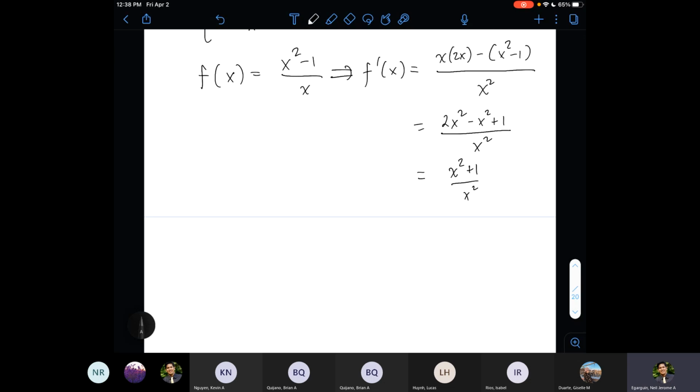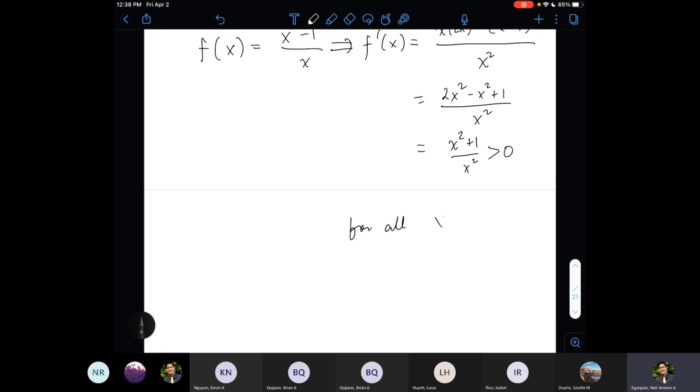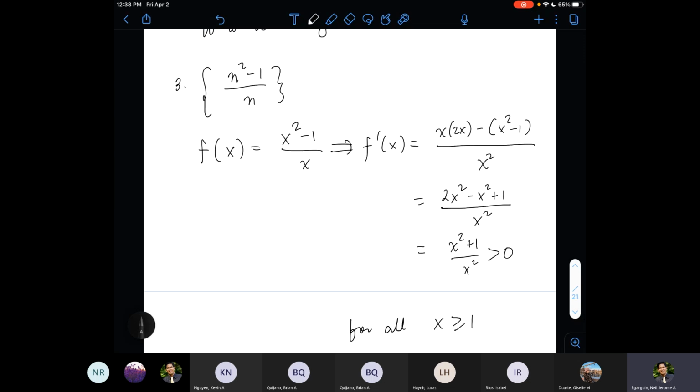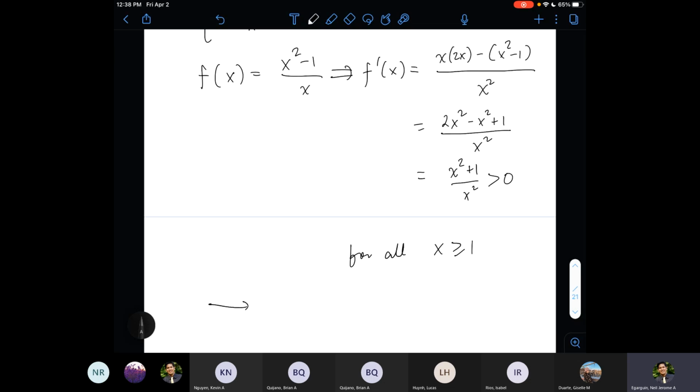Okay, thank you, Kevin. And you see that this is always positive for all x's greater than or equal to 1, right? X squared plus 1 all over x squared is always positive for any x greater than or equal to 1. Or you can go further and say that this is greater than 0 for any x, period, right? But I'm only interested in x's greater than or equal to 1 because I'm concluding something for the sequence, which allows only integers 1, 2, 3, and so on. So basically what we have seen here is that f prime is positive.